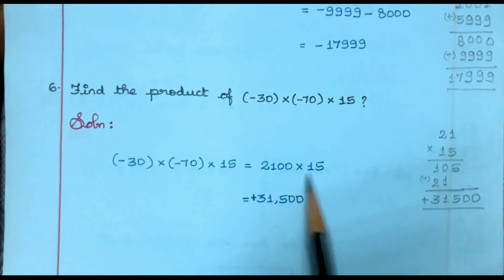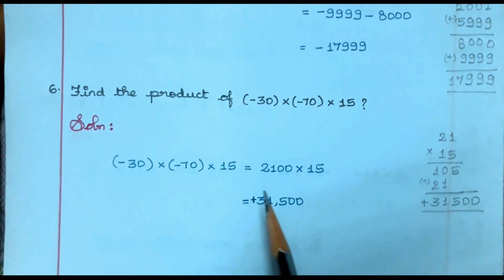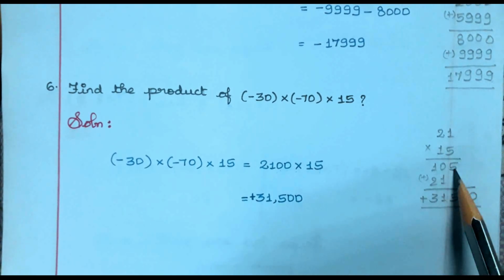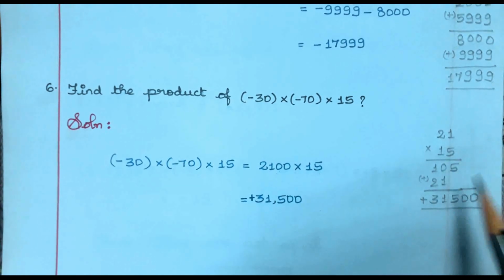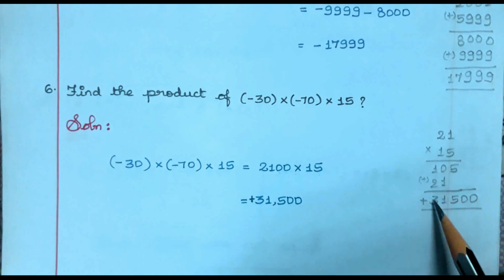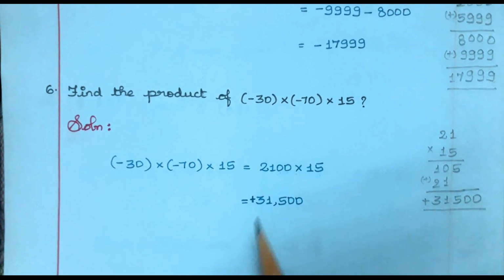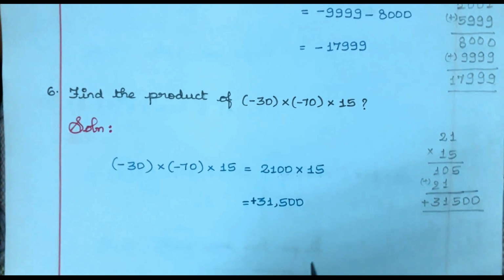So 2100 into 15. Now leave these two zeros, we'll put them directly in the answer. Now we are going to multiply 21 into 15. 1 5 is 5, 2 5s are 10, 1 5 is 5, 1 2 is 2. 5, 1 and 3. So in the question we have two zeros added at the end. So now the answer is plus 31,500. Clear? Good.